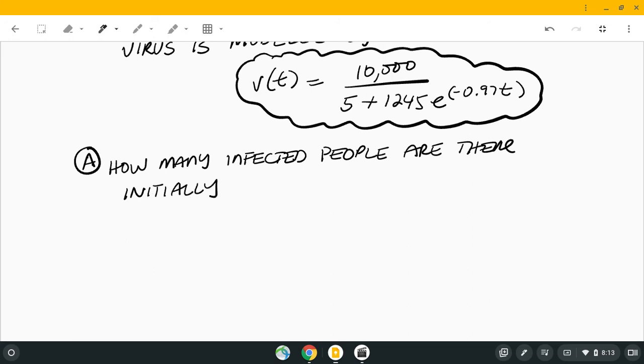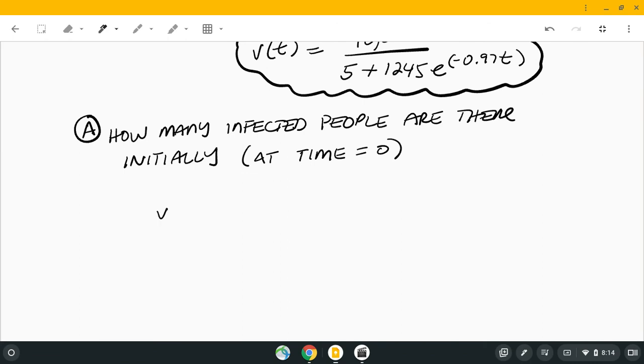Oftentimes people ask how many are infected after 10 years or whatever it is, but hardly ever do they ask how many people were infected initially. That means at time 0. Like I said, there's only one variable here, t, so all you have to do is evaluate this function for t equals 0.